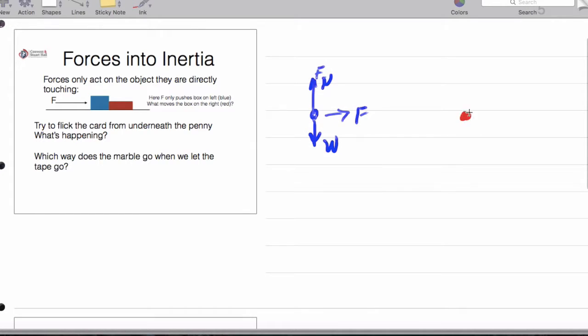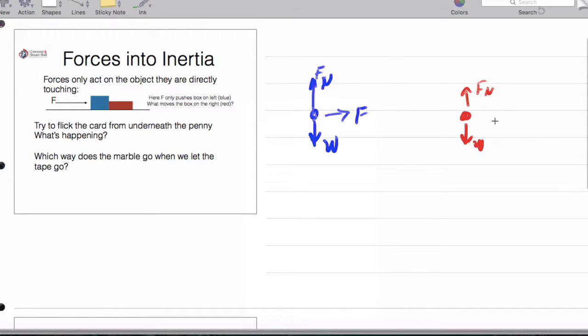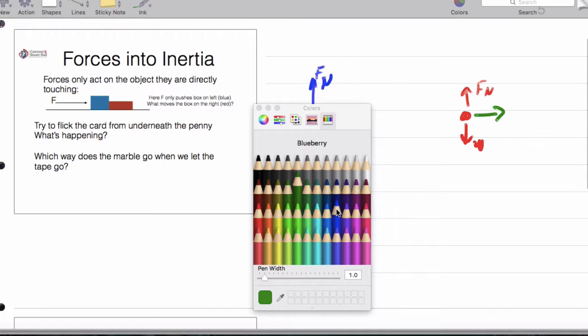Then we had the free body diagram for the little block. It had its normal force, its weight, and the force that pushes the red block forward. We labeled these blocks 1 and 2.